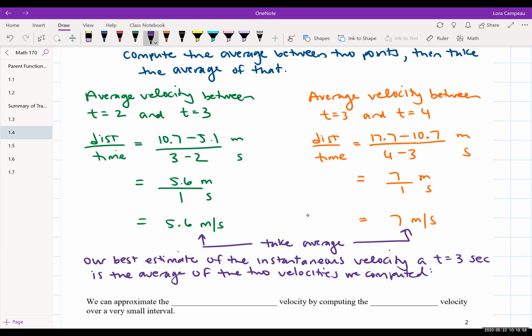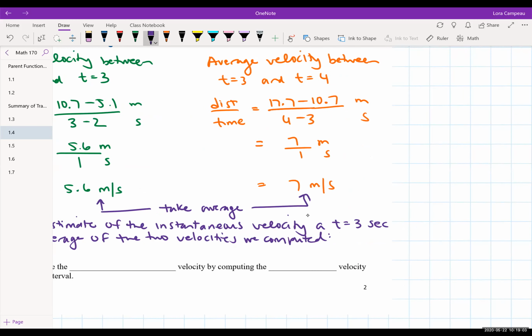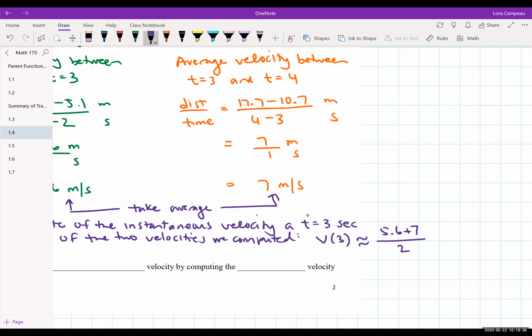So if I wanted to write that out, I'm going to use function notation, v of 3, and there's an approximation. So I'm looking at averages, 5.6 plus 7 over 2. If we just do the math, we're in calculus, we can skip a few steps. That should leave us with 6.3 meters per second.